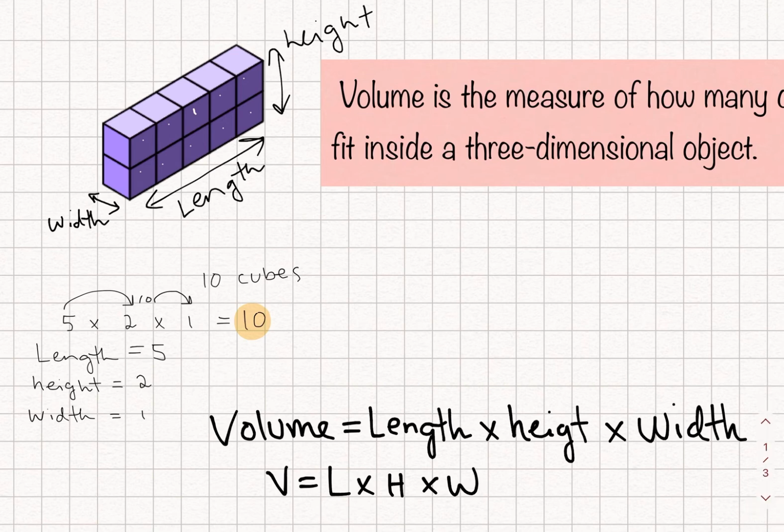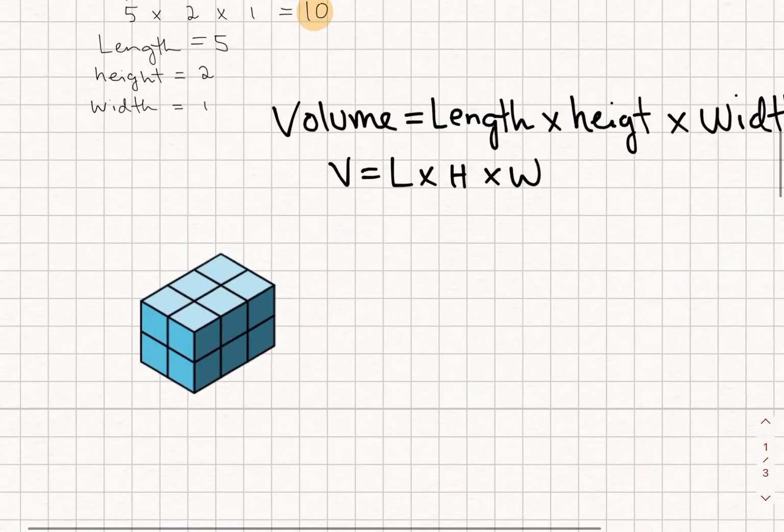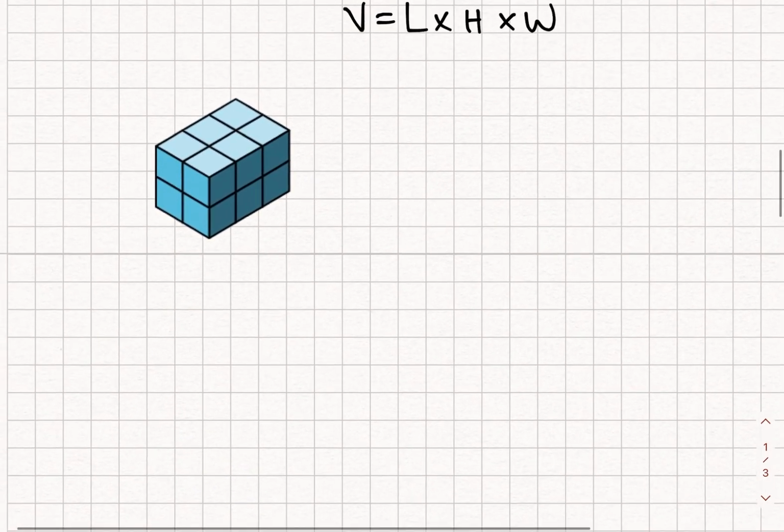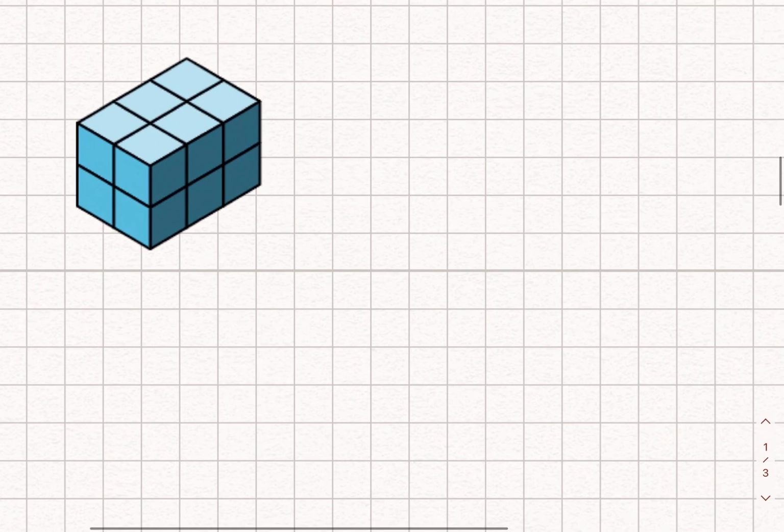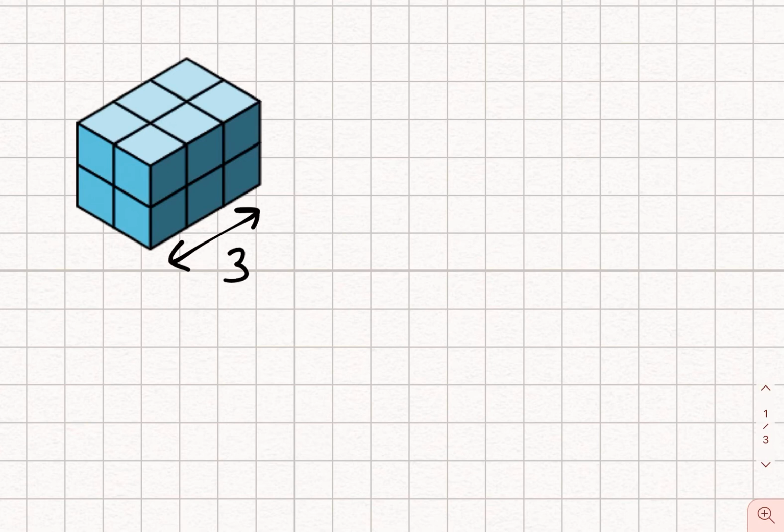All right. If you need to pause, make sure to do that real quick and make sure you have this written down. Okay, what is the volume of this rectangular prism? Let's give it a try. So we've got the length here is 3. We've got the height here, that would be 2.